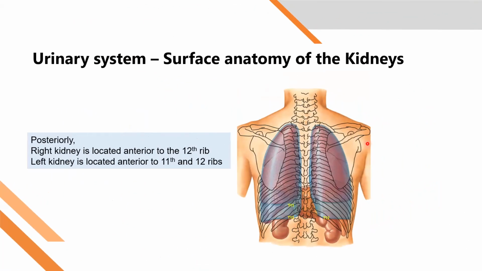Posteriorly, the right kidney is related to T12 and T11, while the left kidney is related to T12, because again the location of the right kidney is slightly lower than the left kidney.